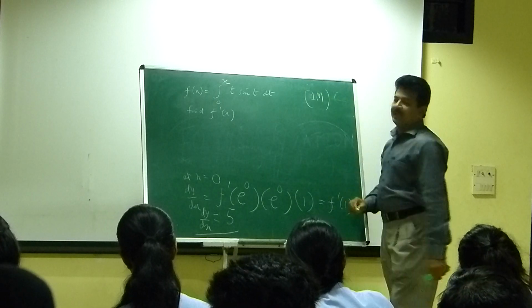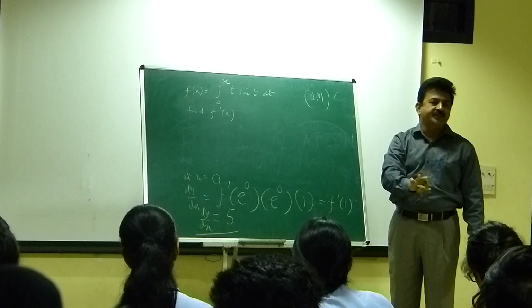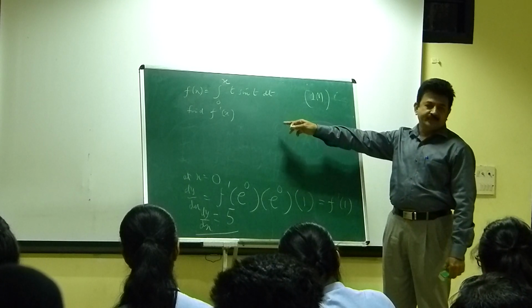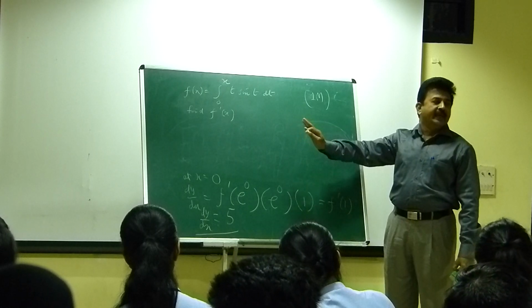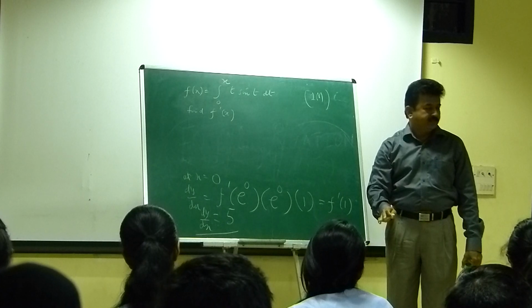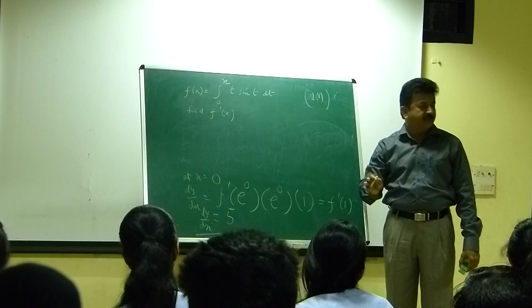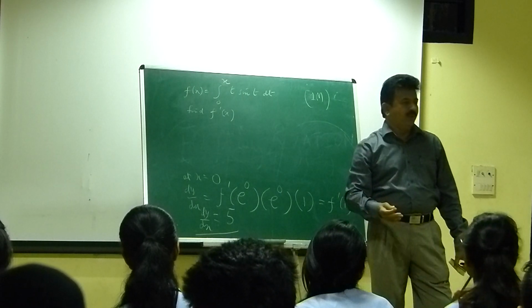Everybody thought this is not the place, section A is not the place to ask such a question. You all know integration. If it is given in the integration section itself, what do you think? Probably you expect 4 marks.